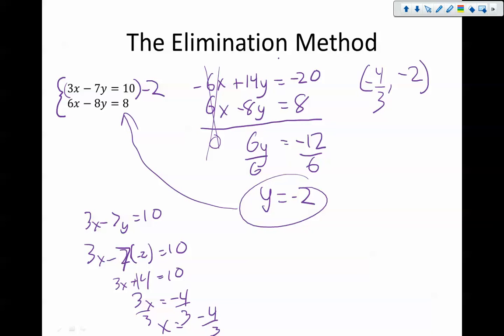So in elimination, the goal is to create a situation like this, where the numbers are the same, they're just opposites of each other. We can do that sometimes by multiplying by 1, but we could also do this for the y variable if we wanted to, right? Let's just really quickly do that. So here's my answer, -4/3.